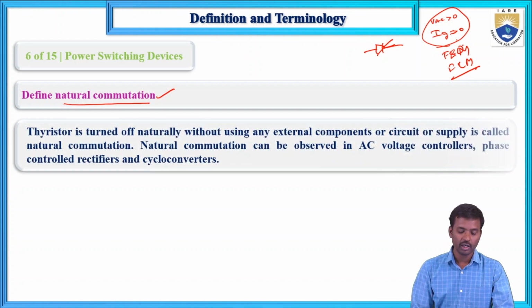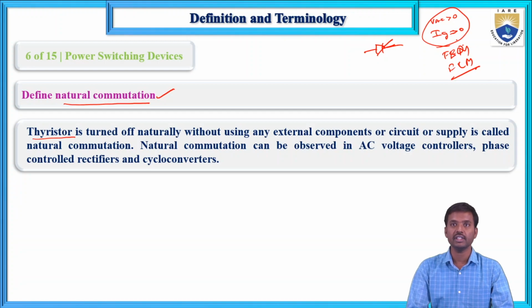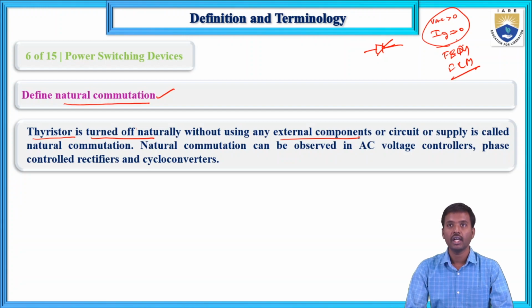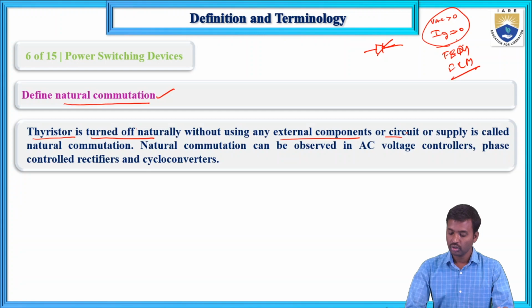The first one is natural commutation and the second one is forced commutation. Natural commutation means the thyristor, SCR, is turned off naturally without using any external components like inductors, capacitors or load circuit. It is turned off by the supply only.